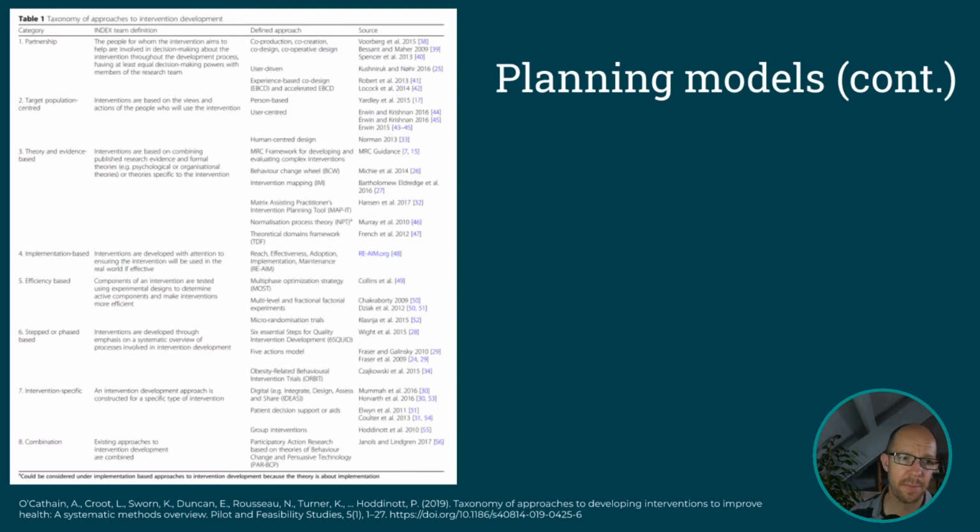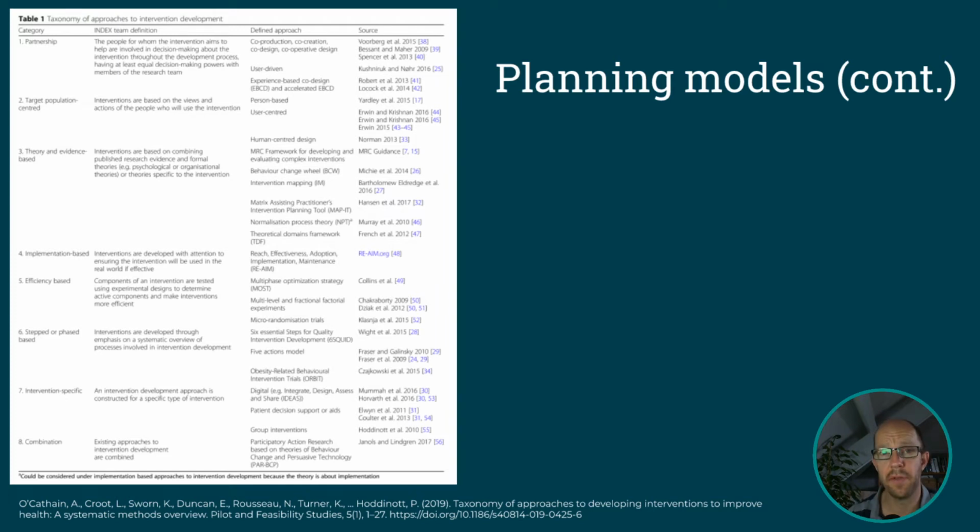Similarly, there's a fantastic paper by O'Cathain, just recently as well, which produced a taxonomy of different approaches. It's a slightly different, slightly more systematic approach to looking at the landscape of planning models. As the title says, they've been able to categorise a taxonomy, looking at the clear differences between some of these models and their purposes.